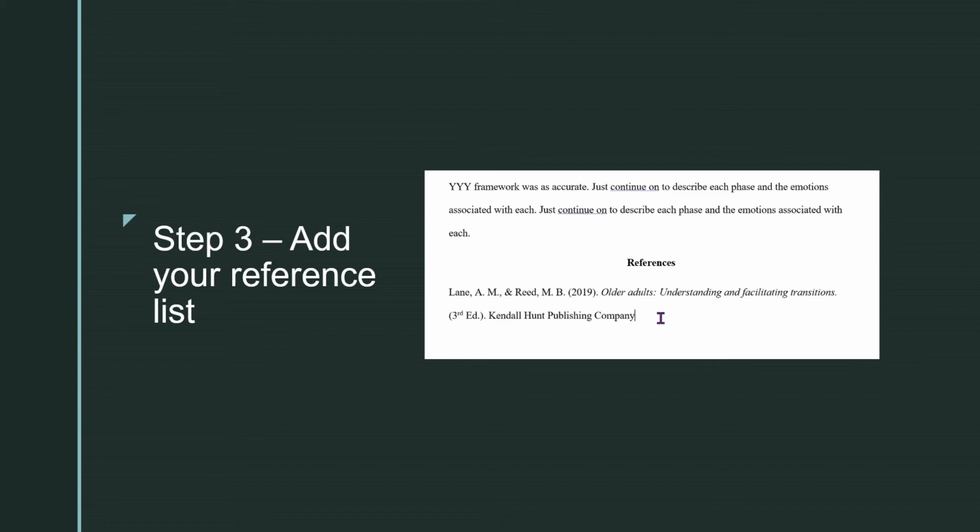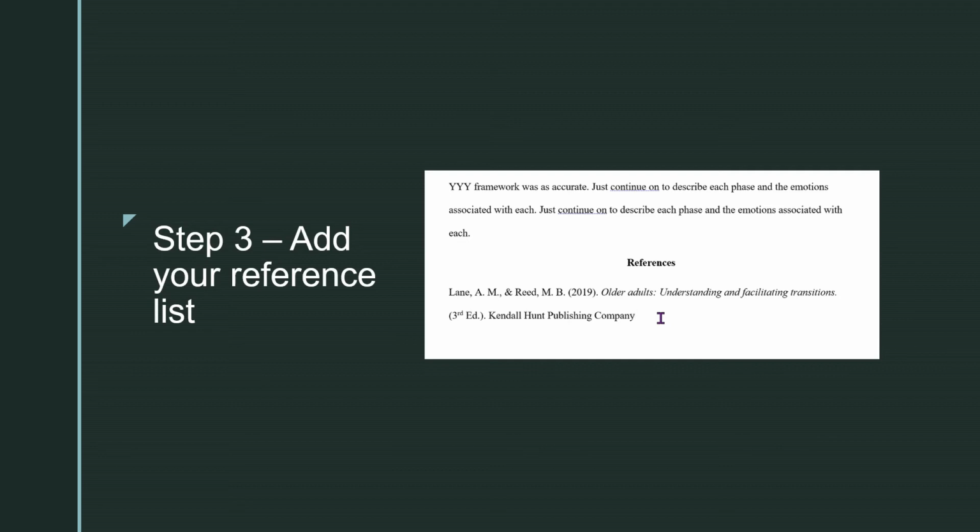At minimum, for any piece of writing that you do in this course, you should at least cite and reference your textbook. These are not opinion pieces, although sometimes you will give your opinion or what you think. You must support everything with scholarly sources, and your best support would be your textbook to begin with.